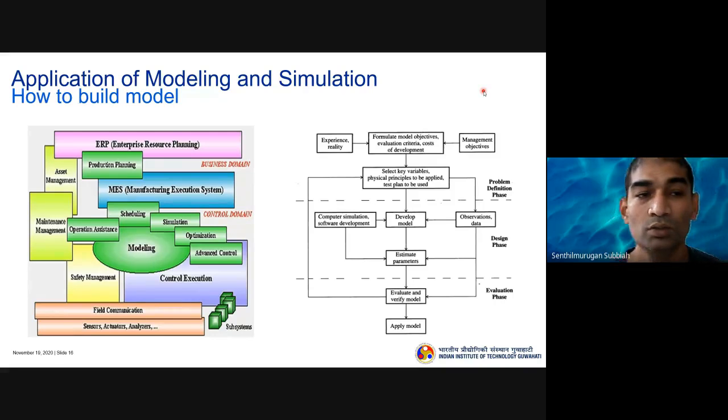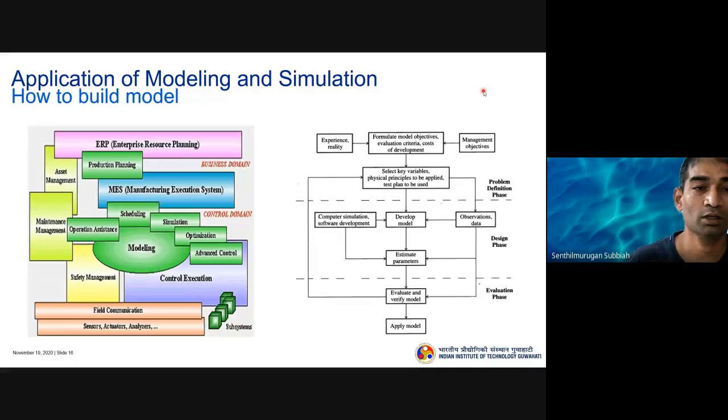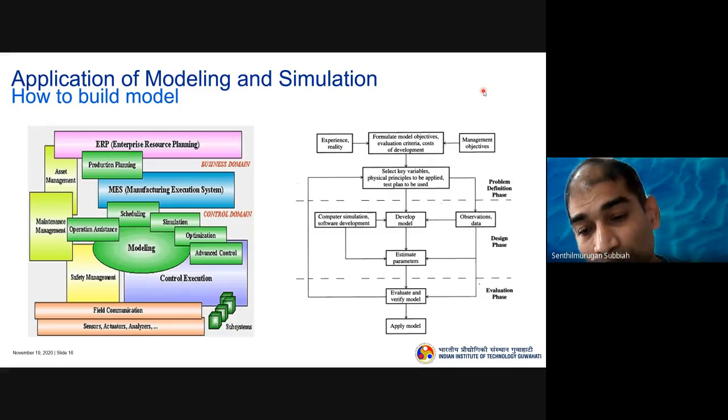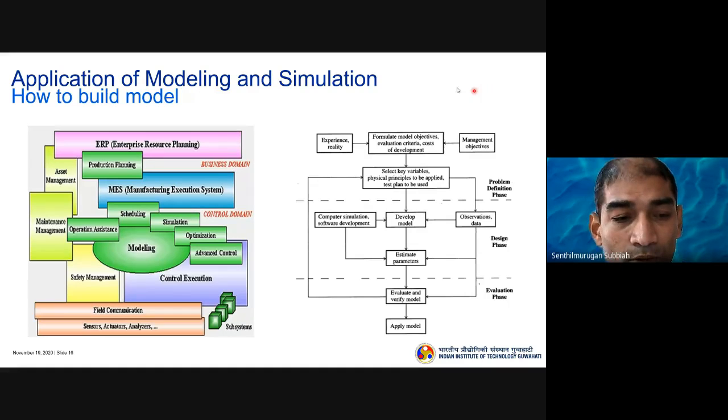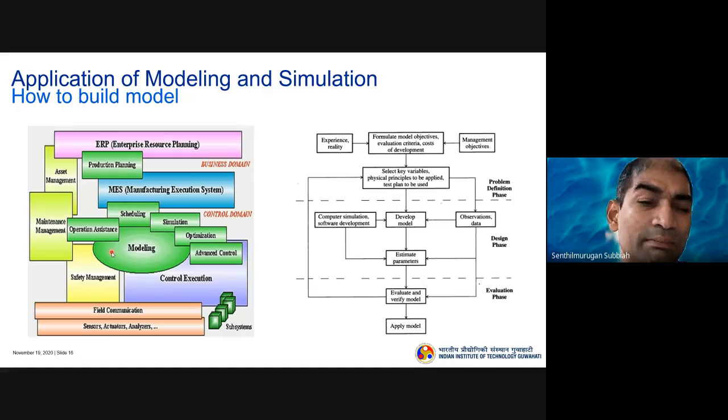Yeah. So next we are talking about how modeling and simulation is going to help in building or designing a process. In general, models are used for many applications. For example, we look at modeling as a core for operational assistance, scheduling, simulation, optimization and advanced control.